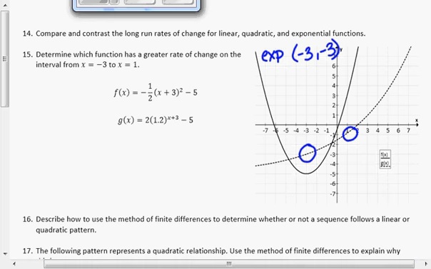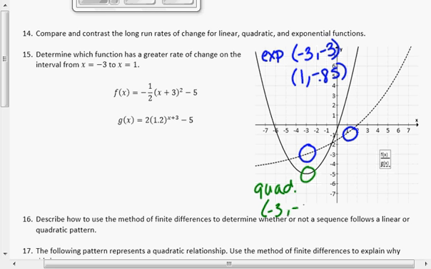And we get negative 1, comma, negative 0.85, and you get that from putting it in the calculator. We're now going to do our f of x function, our quadratic function. It's negative 3, negative 5, and it's 1 at 1, 3.